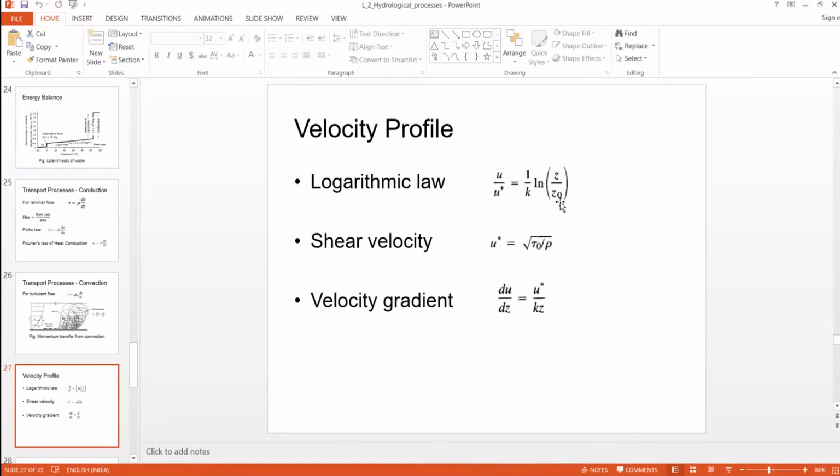And z naught represents the surface roughness. Shear velocity is computed as the square root of tau naught by rho, where tau naught is the shear stress at the bed and rho is the mass density of the fluid. We can find the velocity gradient: du by dz, when we differentiate this, we get u star by kappa z. Kappa, as I said, is a universal constant, and its value is 0.41.